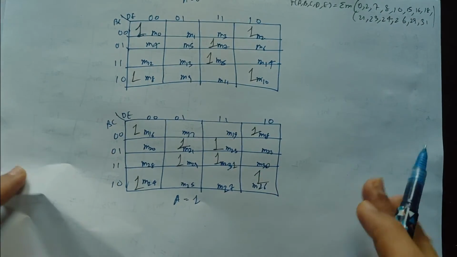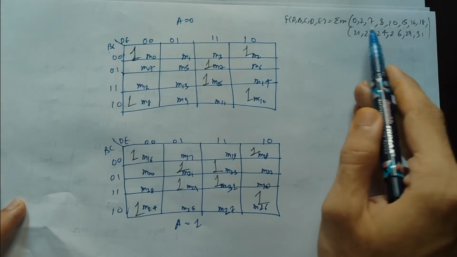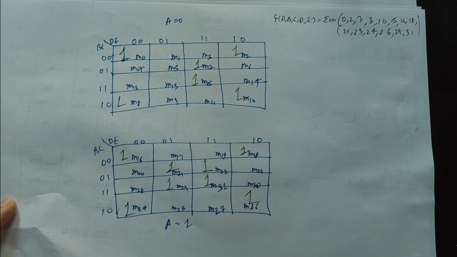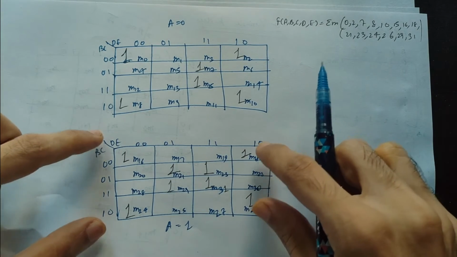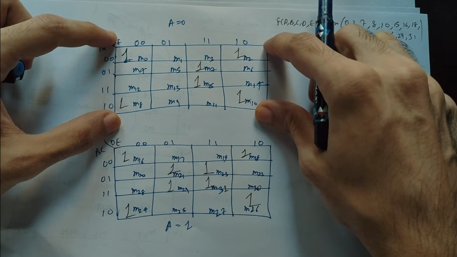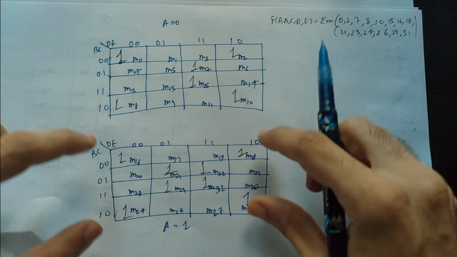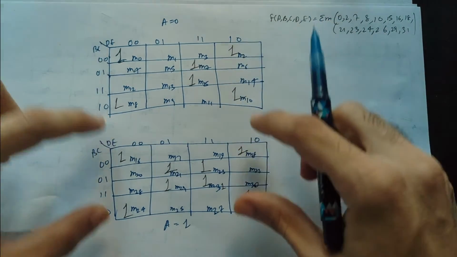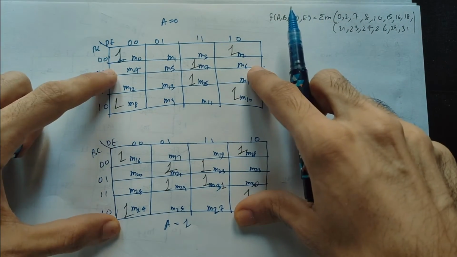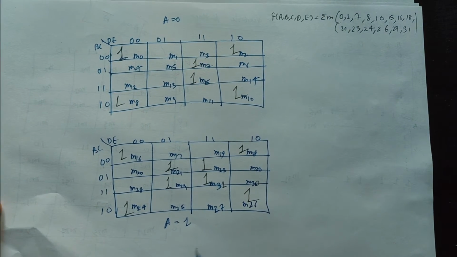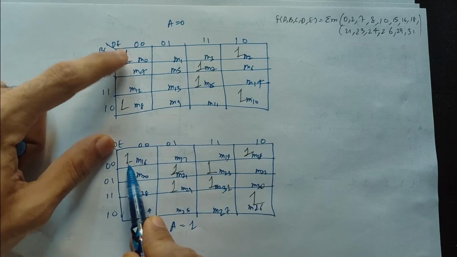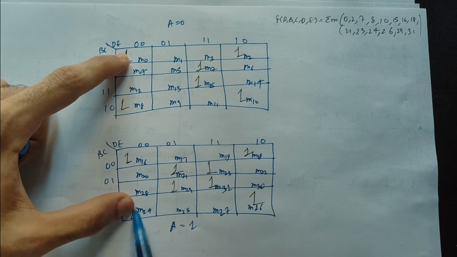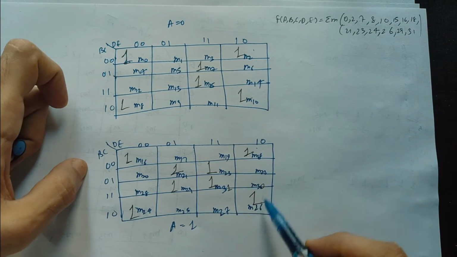So now let's take this as an example. We have filled these minterms respectively in both the K-maps. What we have to keep in mind is that when we place these two K-maps over each other, we have to see which cells coincide: this with this, this with this, and this with this.